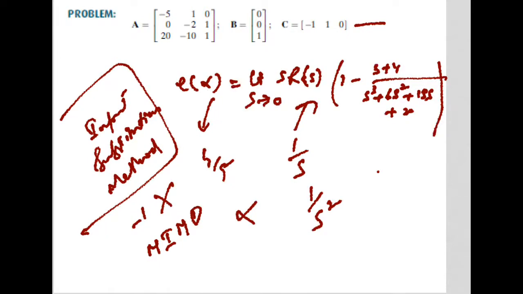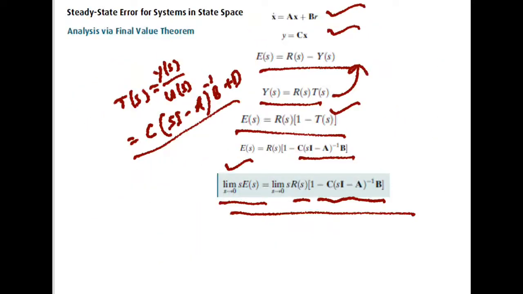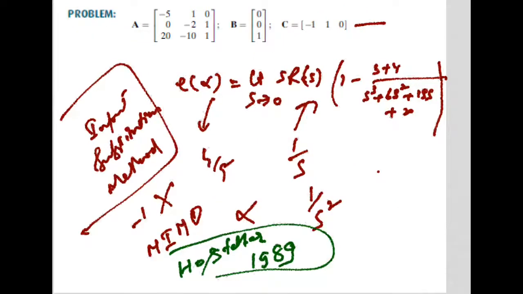It substitutes the input along with the assumed solution into the state equations, and it was first proposed by Hostetter in 1989. So we have two methods: analysis via the final value theorem and the input substitution method. Now this is all about how to find the steady state error using the state space. Thank you very much.